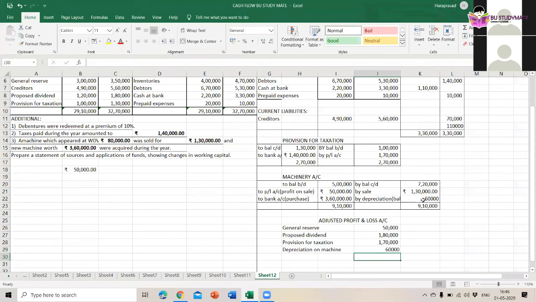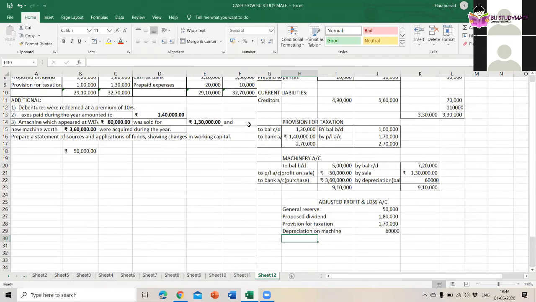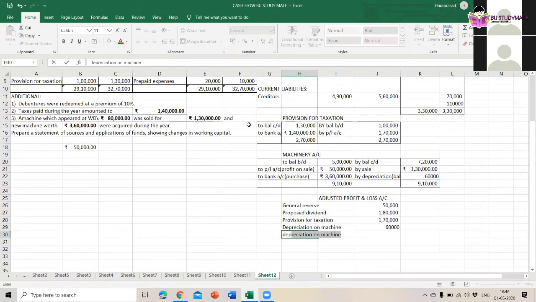Yes, in the building from 8 lakh to 7,60,000. So 40,000 is the depreciation.